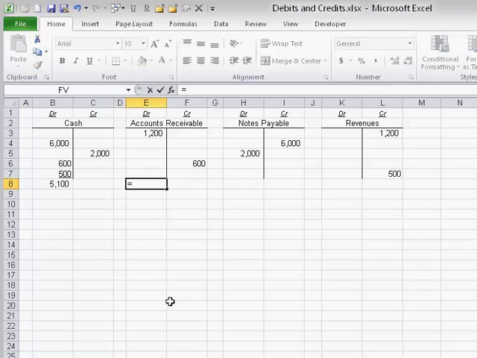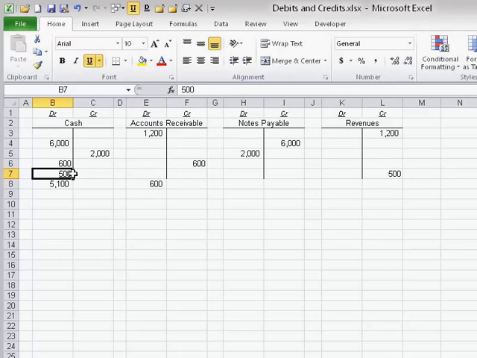Accounts receivable, again as an asset account, I would expect it to have a debit balance, and sure enough, $1,200 less the $600. I'll draw a line here to show that we're calculating the balance on the account now. And that's $600. Under notes payable, I would expect it to have a credit balance since that's a liability account.